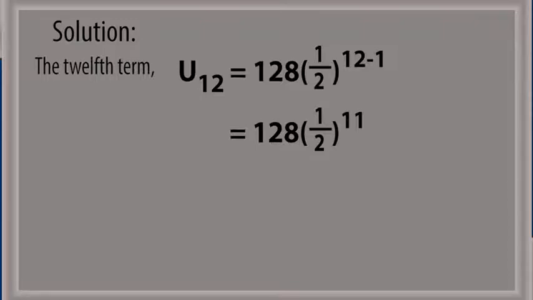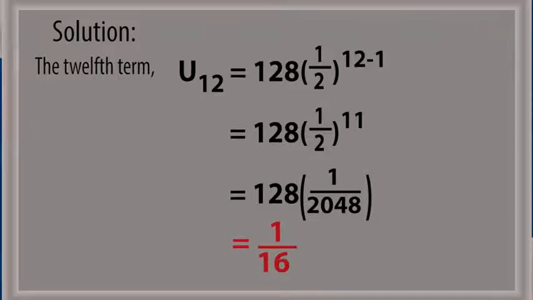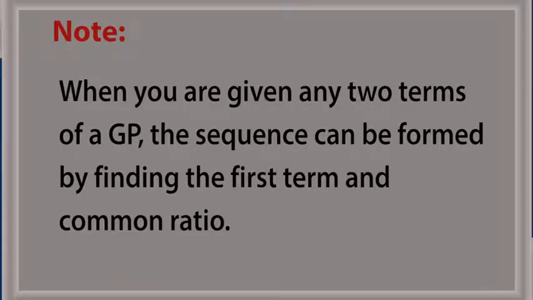So we have 128 times 1 divided by 2,048. And that will give us 1 over 16. Lovely. Sometimes you may be given 2 terms of a GP. And the sequence of this GP can be formed by finding the first term and the common ratio.